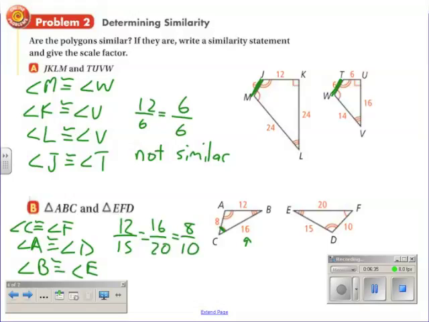So now these are fractions. We can reduce these. 12 is to 15. 3 goes into both of them, so that simplifies to 4/5. And then if you look at the other fractions, you'll see that they all also simplify to 4/5. So therefore, for B, we would say that yes, they are similar.